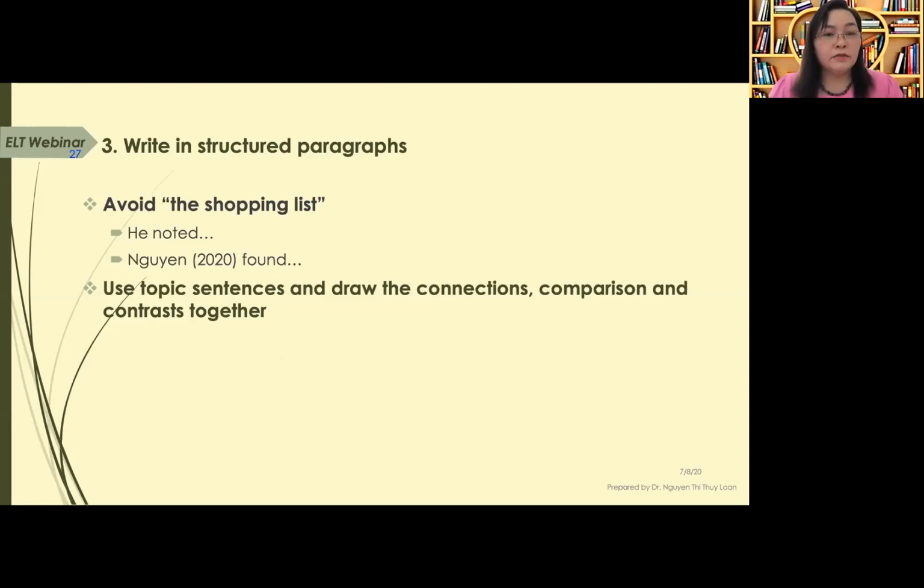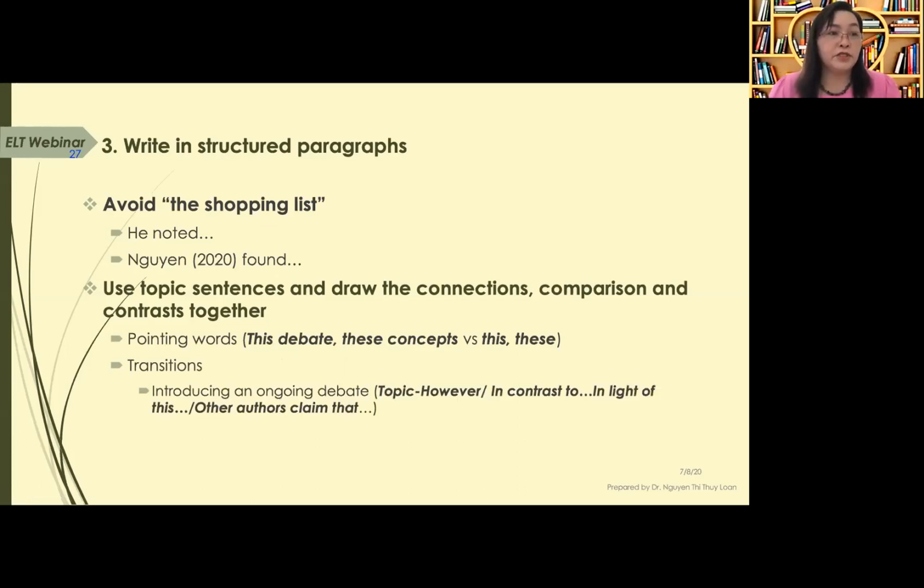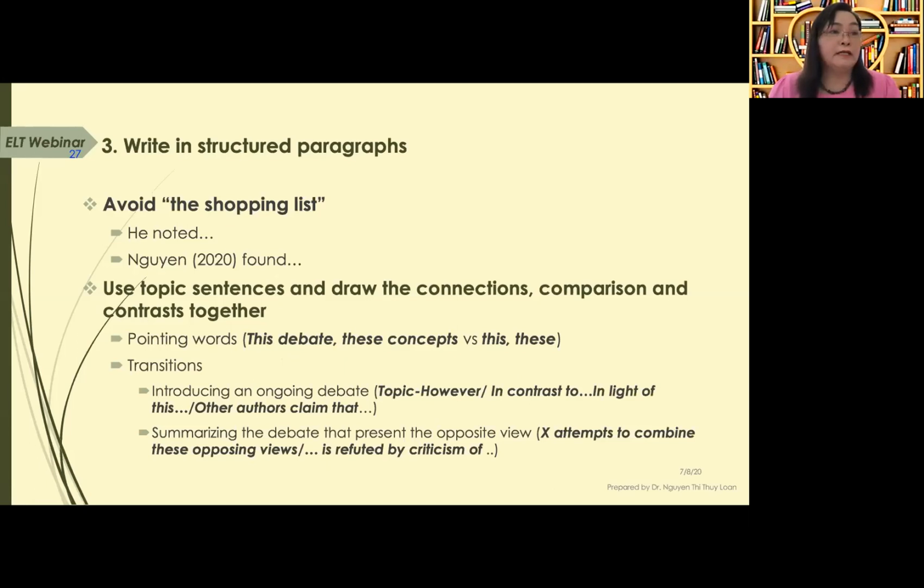And in order to make your paragraph cohesive and coherent, for sure, you need to organize it by topics, and then use cohesive devices like pointing words or transitional words to show the link or the flow of your ideas in the paragraph.